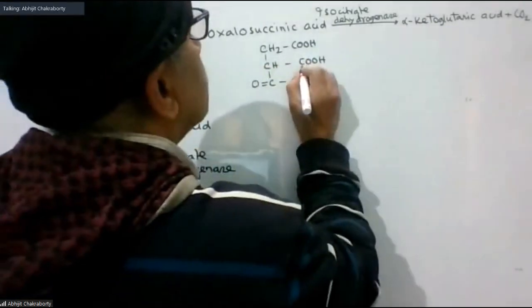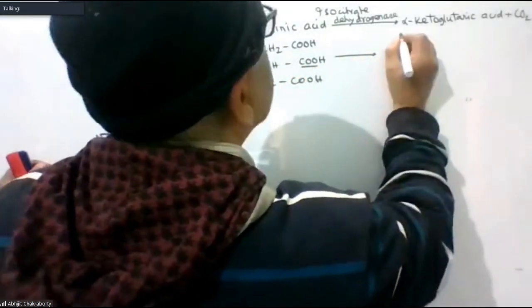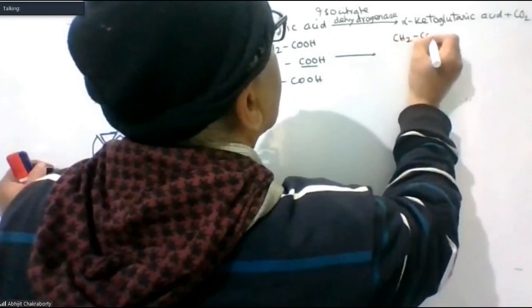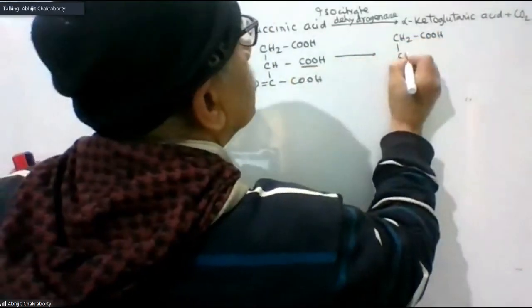This carboxylic group is released as carbon dioxide, so you get it here like this. So it becomes CH2 now.